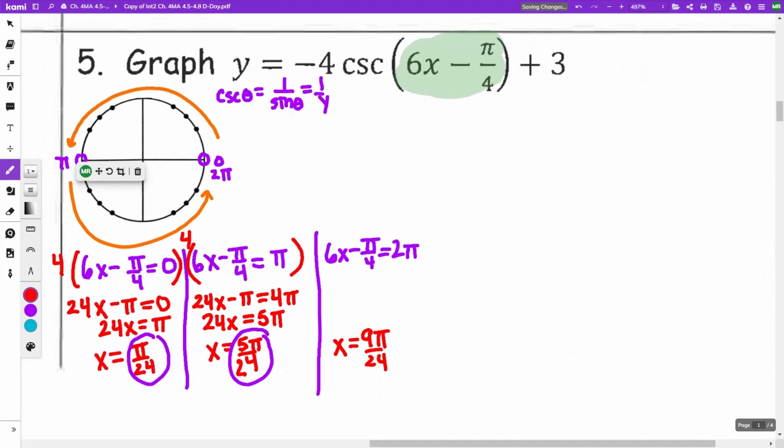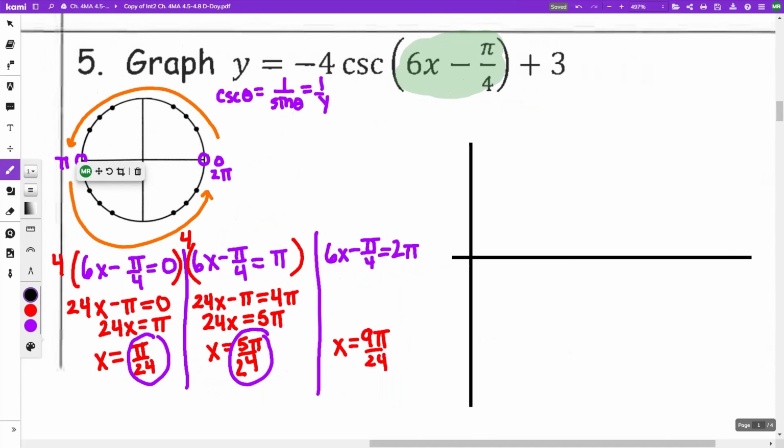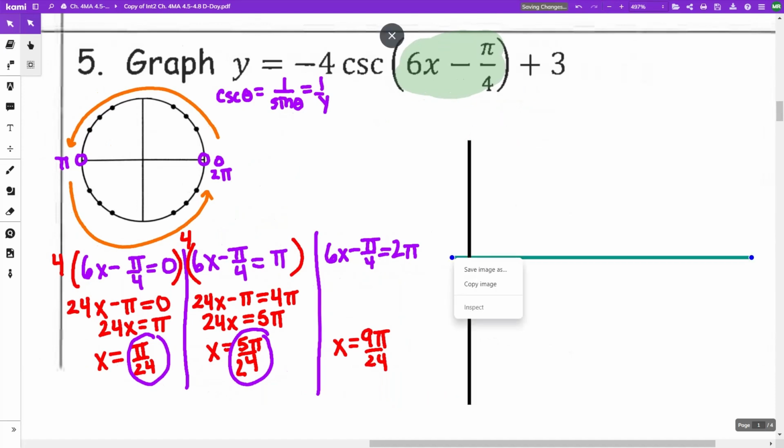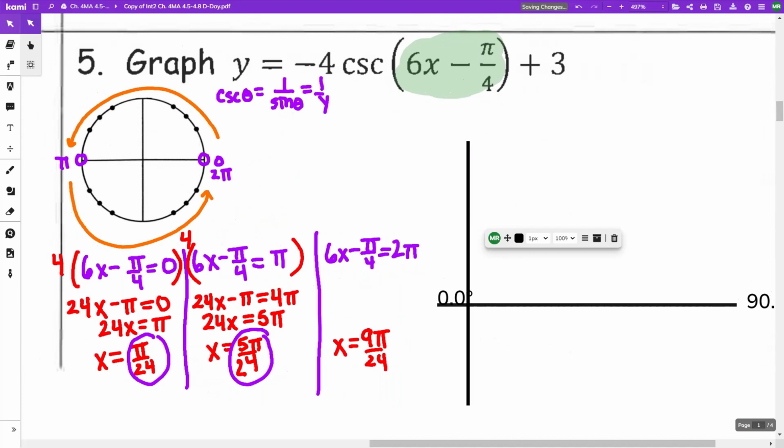Okay, so let me again get my graph drawn here. So I am going to draw my graph. I am going to be starting 3 above. So here, I'm going to drop this one down a little bit.